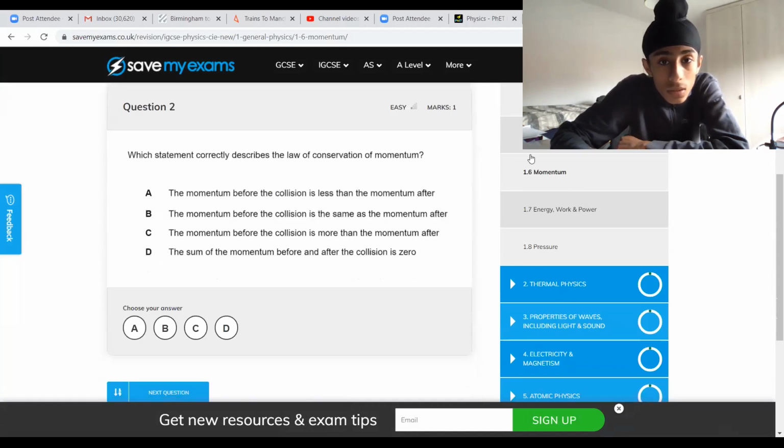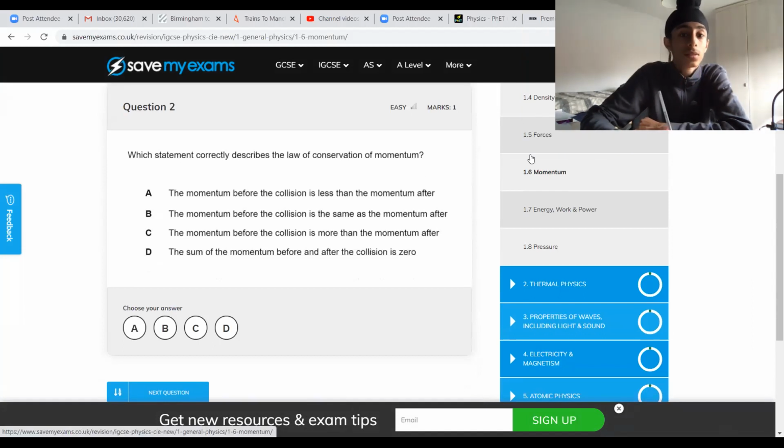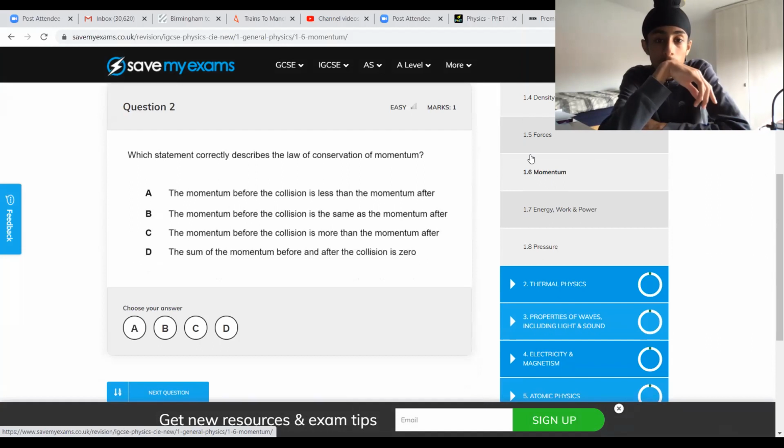Let me try and use this. Okay, so which statement correctly describes the law of conservation of momentum? Is it C? The momentum before is more than the momentum after? Not quite.